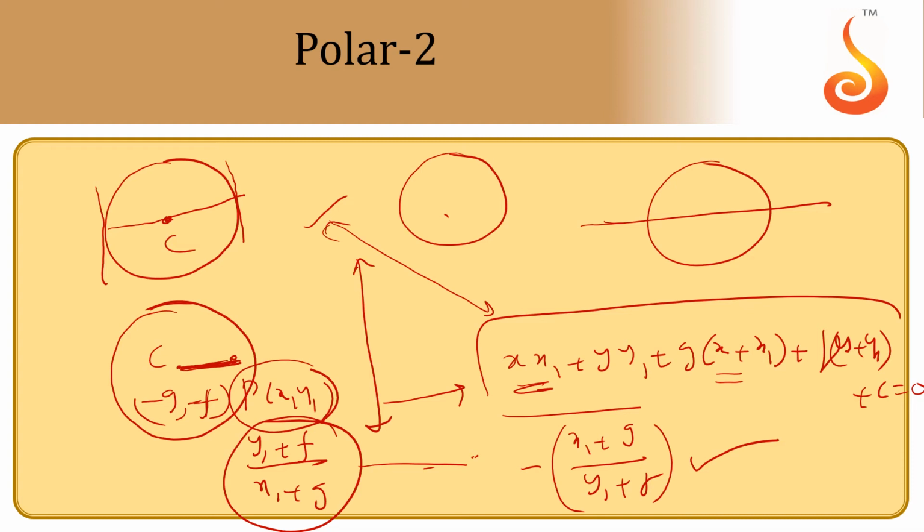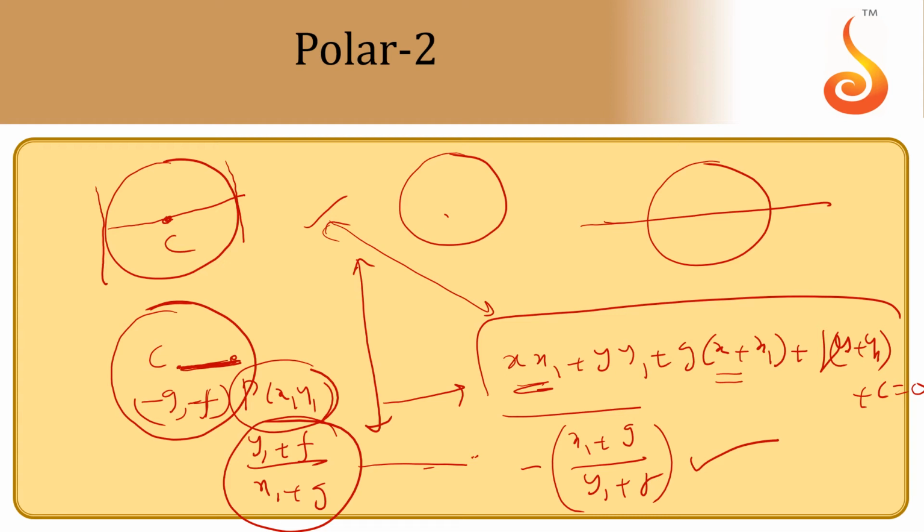Suppose if I take polars of some collinear points, all those polars will be concurrent. So polars of collinear points are concurrent. In reverse, I can say poles of concurrent lines will be collinear.